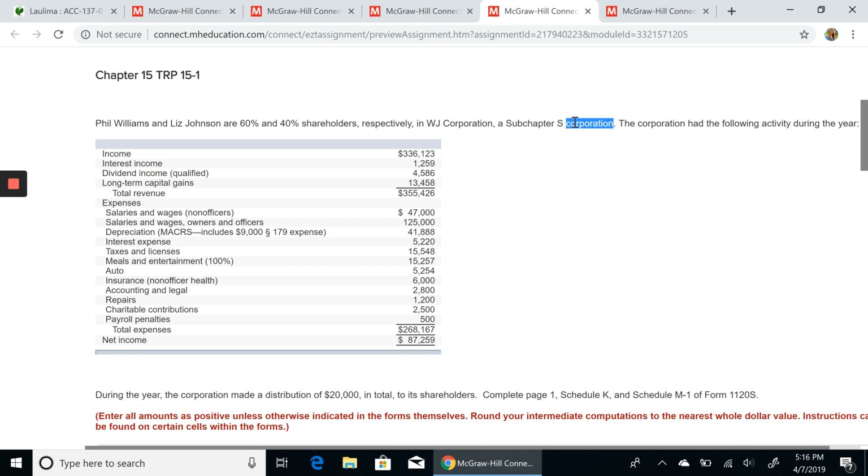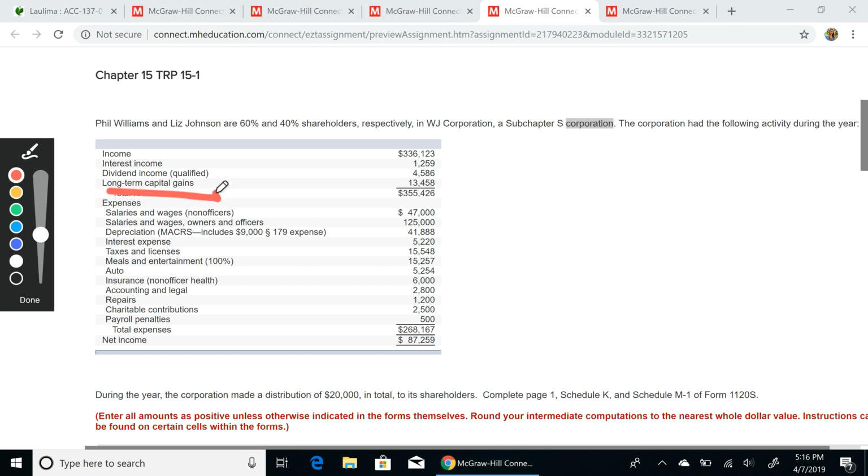Okay, so with this first problem, we can see they have business income, interest income, dividend income, which is qualified, which means it's qualified for the preferential rates. We have, let's get my pointer, long-term capital gains. So what does that mean? They sold capital gain property, not business property, right? They sold capital gain property, which means something that they held for personal use, which doesn't apply to an S Corp, and so it must be investment use.